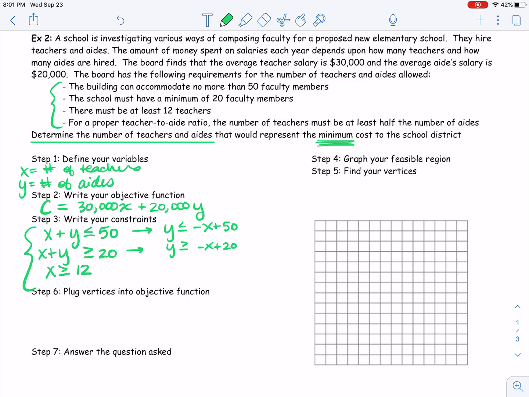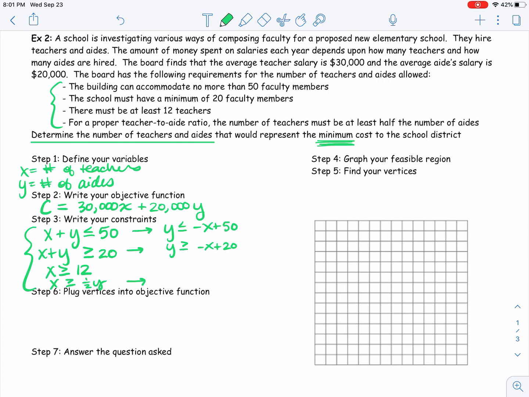And then the last one says for a proper teacher to aide ratio, the number of teachers must be at least half the number of aides. So the number of teachers has to be half the amount of aides. And it says at least half the amount, so this has to be greater than or equal to.